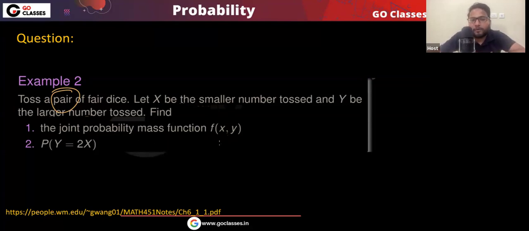Then find out the probability mass function, which they are representing with f of x, y. So in the toss, how many possibilities are there? I think x can range from 1 to 6, right? Y can also range from 1 to 6.